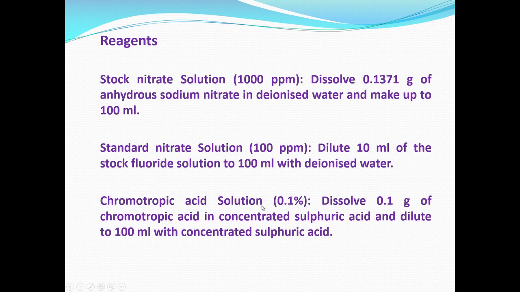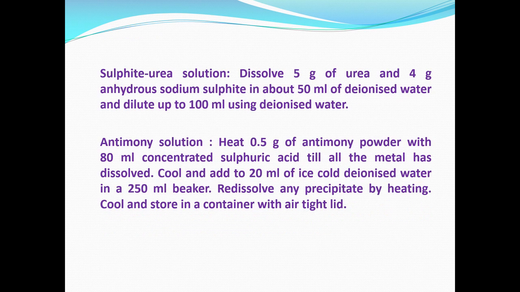And chromotropic acid, you have to prepare 0.1%, it is available off the shelf. But the only problem is you have to dissolve the chromotropic acid in concentrated sulfuric acid, and you have to dilute also with concentrated sulfuric acid. This is somewhat hazardous.